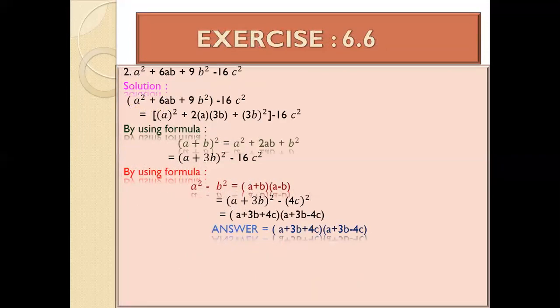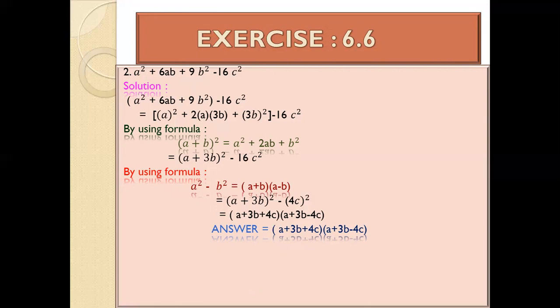Question number 2. A square plus 6ab plus 9b square minus 16c square. Again, we enclose the first 3 terms within the bracket and we leave minus 16c square alone. Now a square is a square of which number?